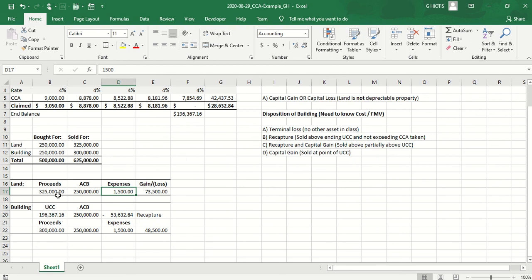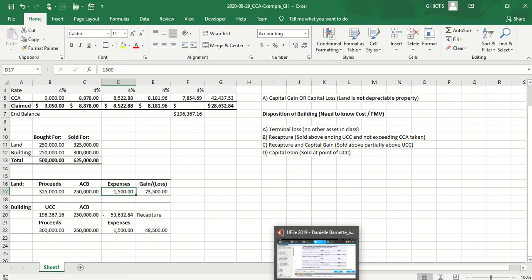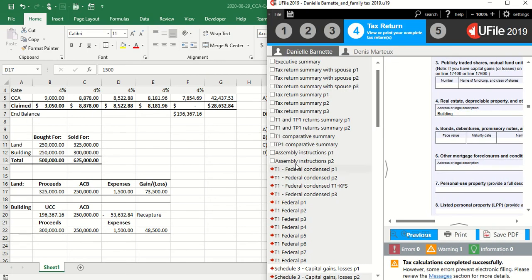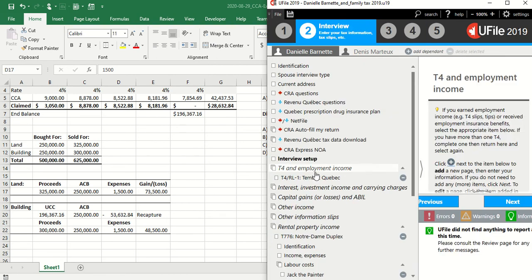So this transaction, I would have to enter it manually in UFile as follows. Let's go back to the interview section. Do not forget that you would have to split this manually if the property was owned jointly with your spouse.